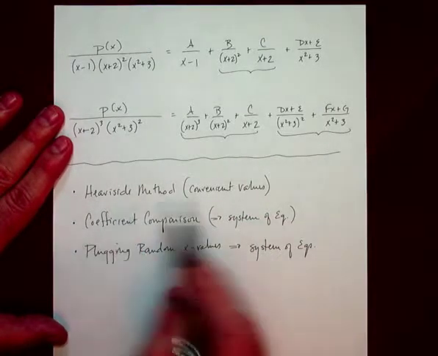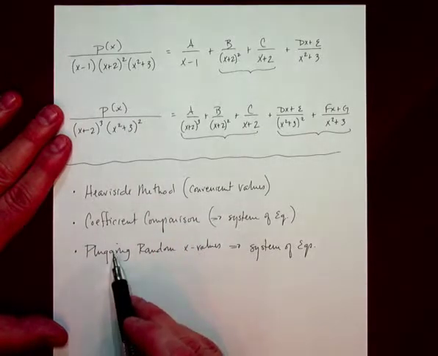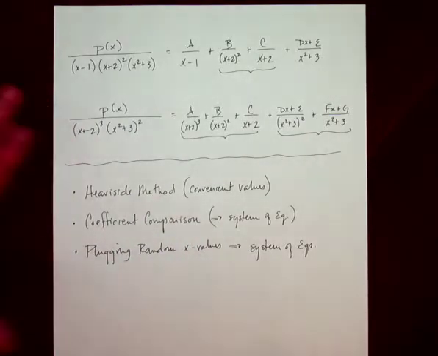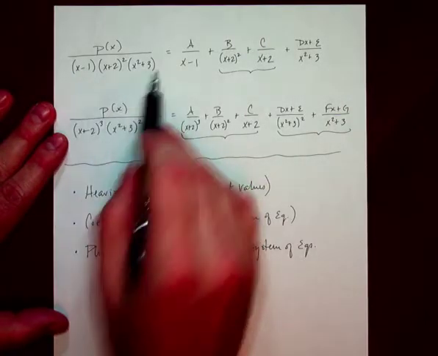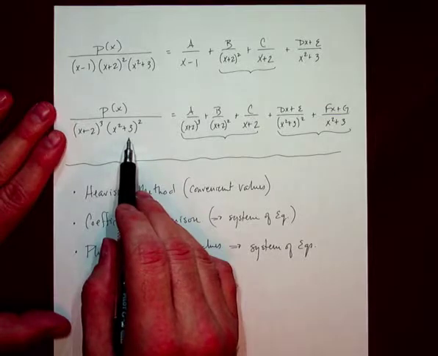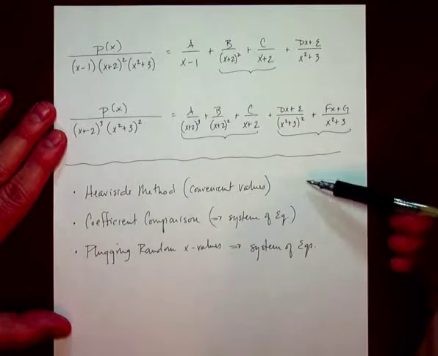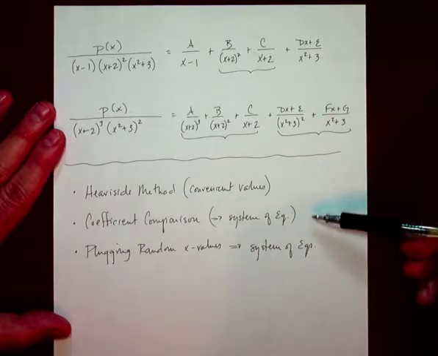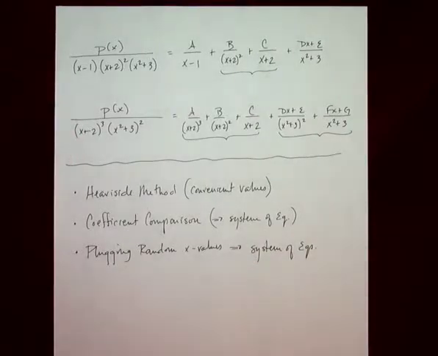We can use convenient values for 2 of them, but then we need to resort to coefficient comparison or plugging in random values in order to find the rest. So you need to know how to deal with the particular factors from the denominator, especially if they're repeated, and then be able to employ all 3 of these strategies, oftentimes in concert with each other, to find the decomposition that you're looking for.